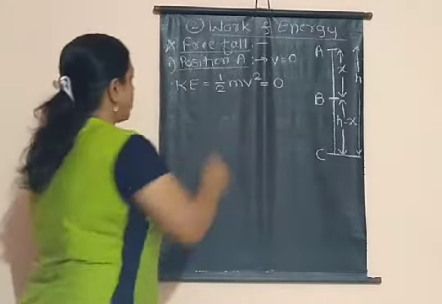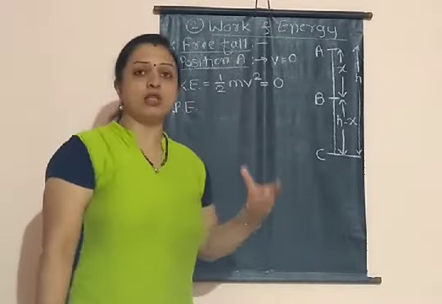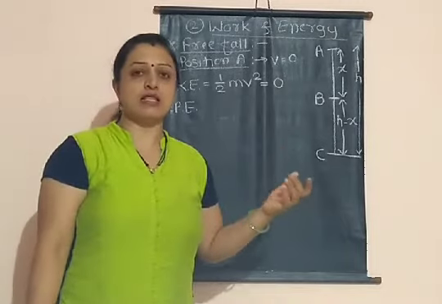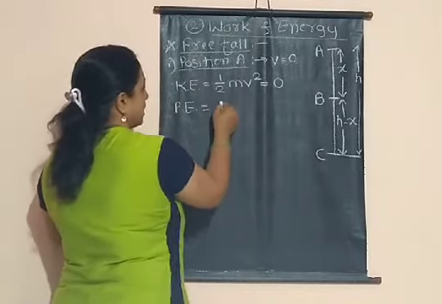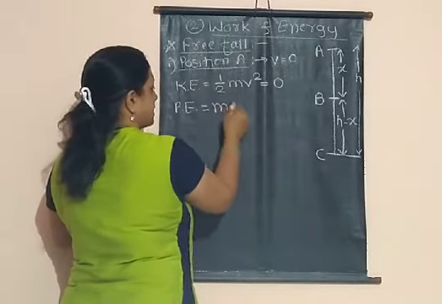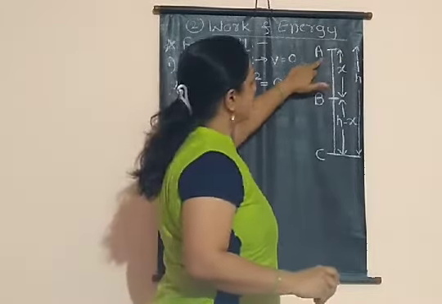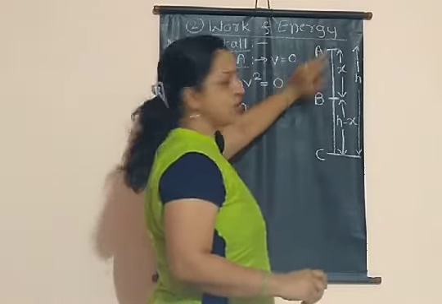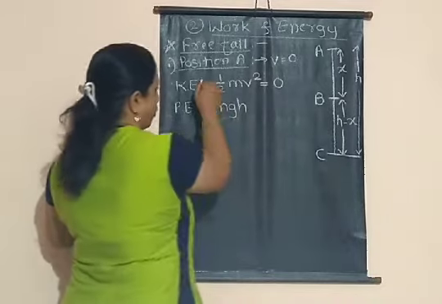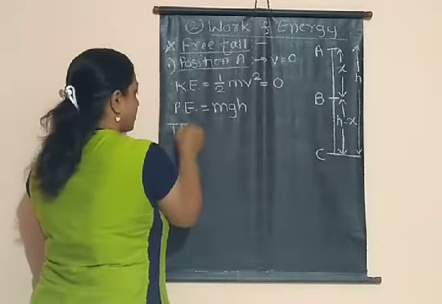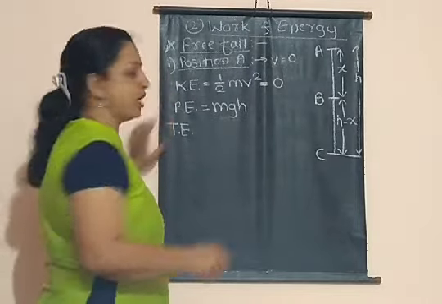Now let's see how to find the potential energy. In previous lectures we studied all these derivations for kinetic as well as potential energies. So what is the potential energy? Let us substitute the formula, mgh. We know the object is at height h from the ground surface at position A. Therefore the potential energy is mgh. Now how do we find the total energy? The total energy is nothing but the sum of the kinetic and potential energy.